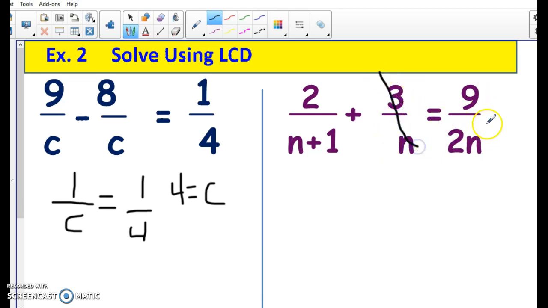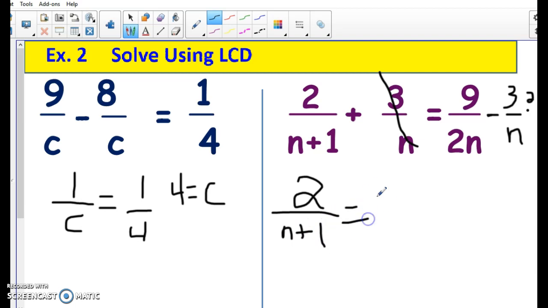So if I subtract 3 minus n, so I'm bringing it over here, so I have 3 over n over here. Well, now it's a lot easier to make my denominators common, because I just need to end up multiplying this by 2 now. So now I'm left with 2 over n plus 1 equals, so 9 minus 2n, and now since I multiply that other fraction by 2, I end up with 6 over 2n.